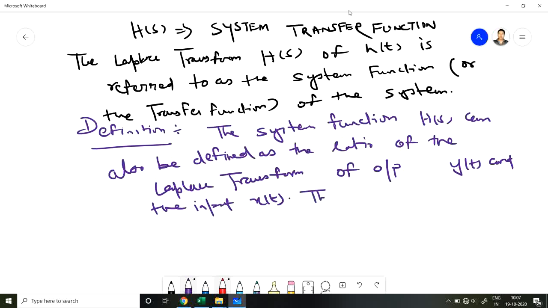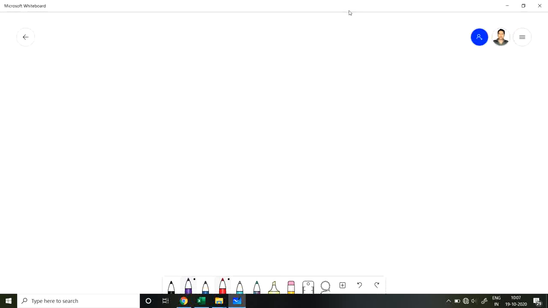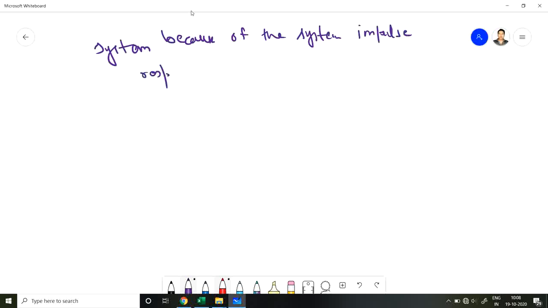The system function H(s) completely characterizes the system, because the system impulse response h(t) completely characterizes the system.